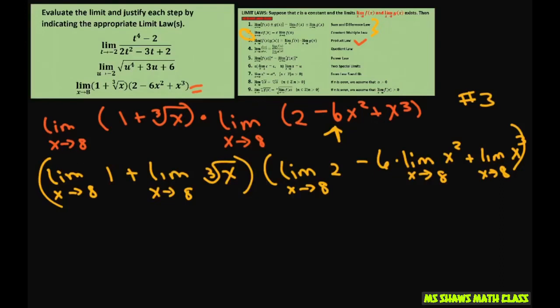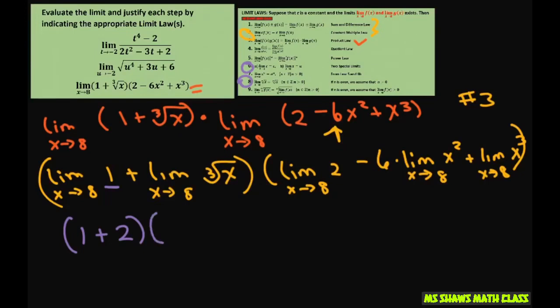Now you basically are just plugging everything in, and we're using these right here. This number 8, and we'll be using number 6. So for a constant, it's just going to be 1. The cube root of 8 is just 2. And then you have 1 plus 2.